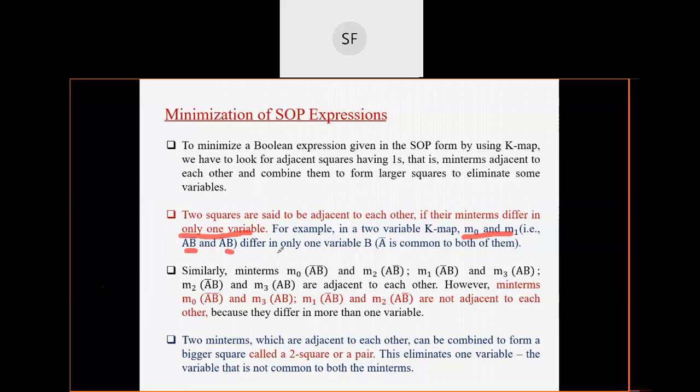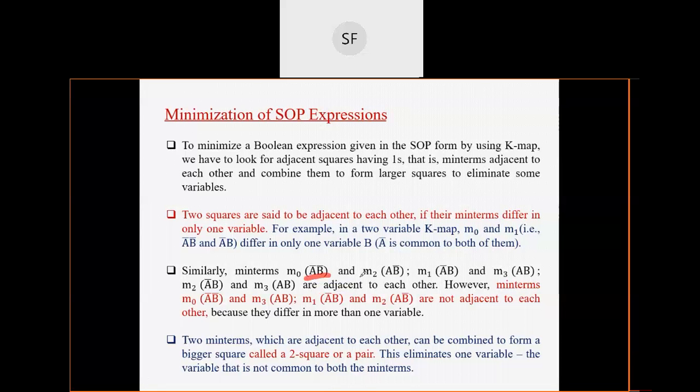Okay, so you can observe the example is clearly mentioned here. In a two variable K-map, M0 and M1, that is A bar B bar and A bar B, differ in only one variable, that is B. A bar is common to both of them. Similarly, a few more examples are given. Minterms M0 and M2. M0 is nothing but A bar B bar and M2 is nothing but A B bar.